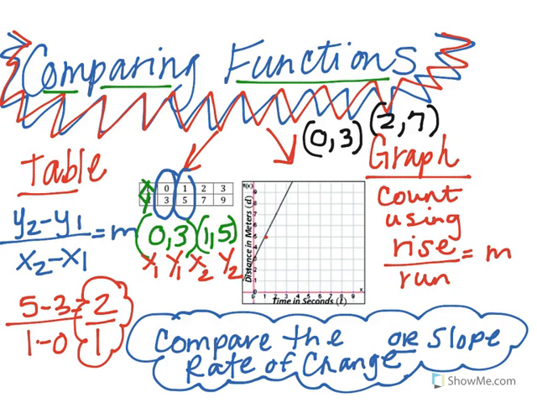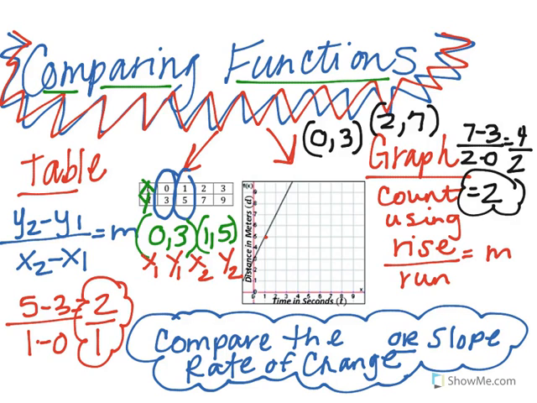So you'd look at the line of your graph, and you would find 2 points where they intersect perfectly, which I would use 0 and 3 and 2 and 7. And you could do 7 minus 3 over 2 minus 0. 7 minus 3, you get 4 over 2. And then your rate for this one would be 2.